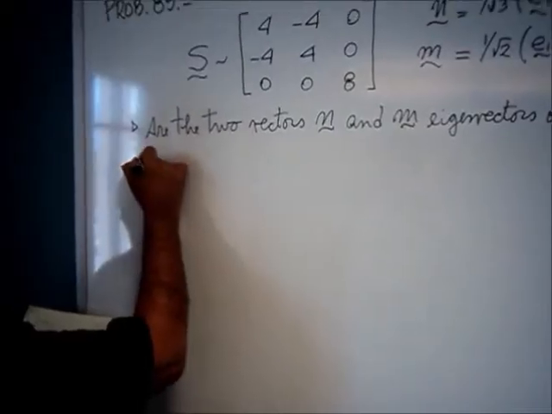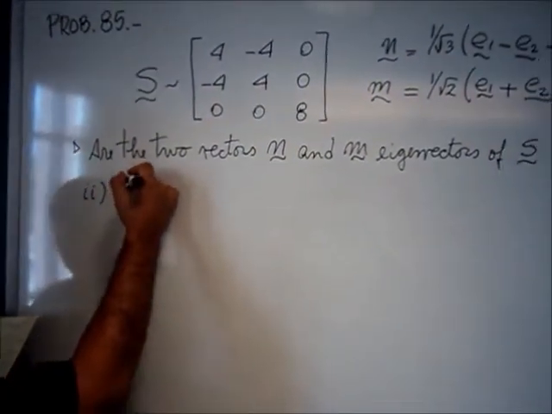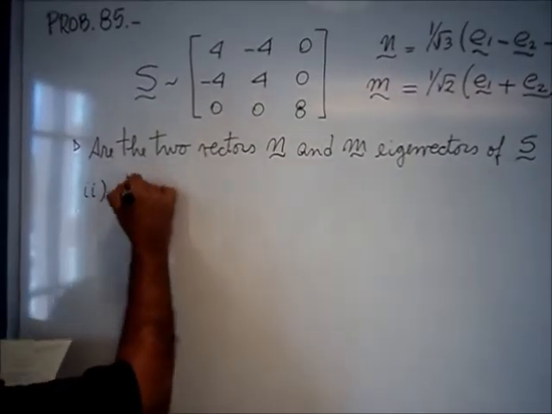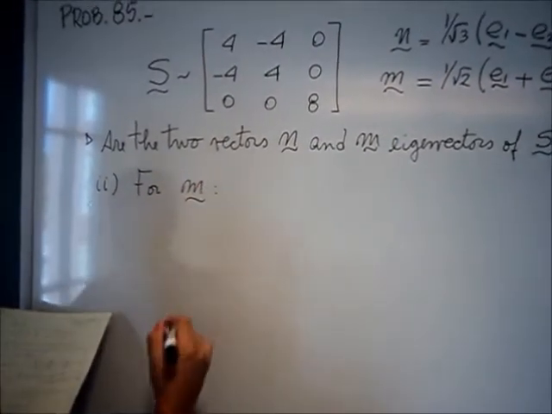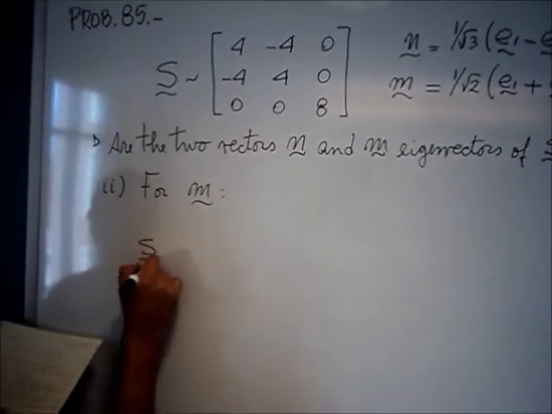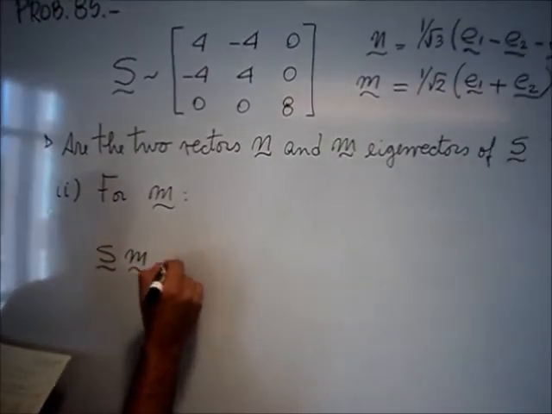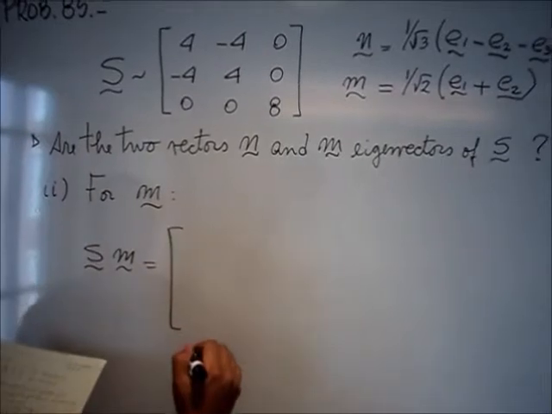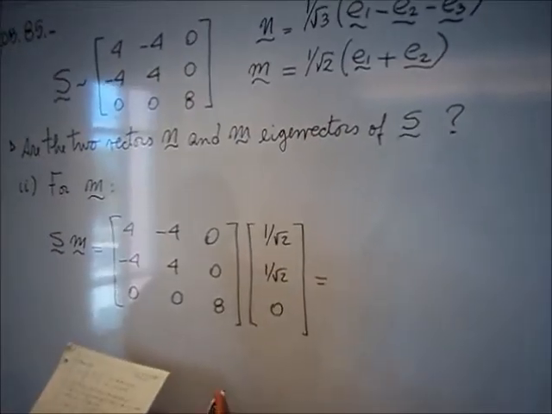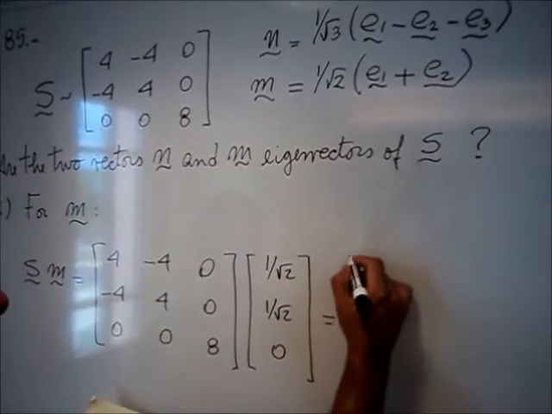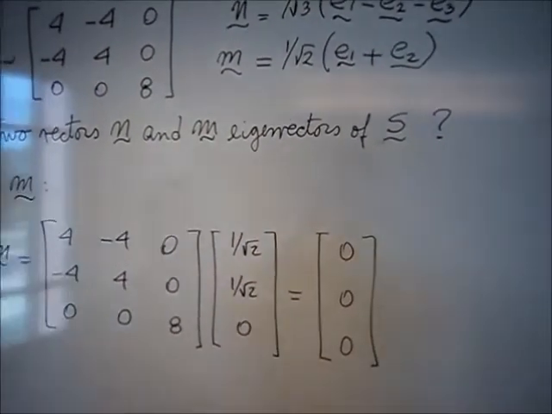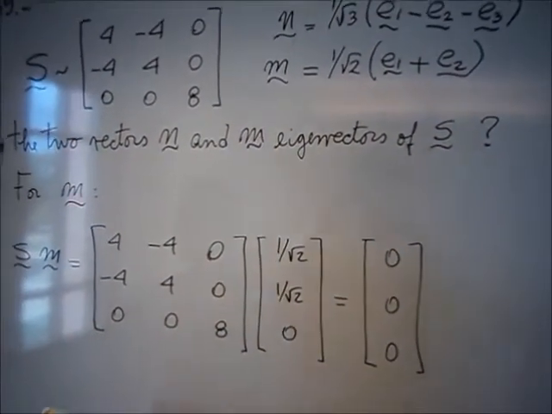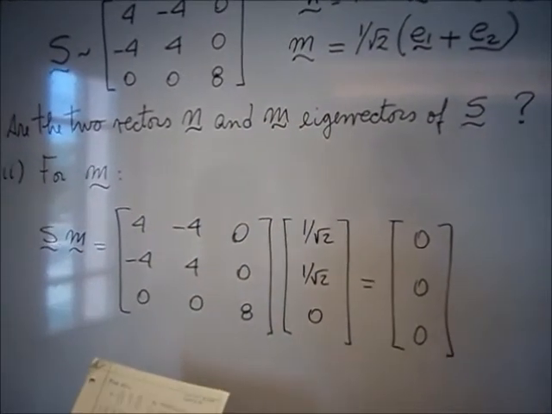Okay. Now we need to prove the same for vector m. In this case we get this vector, which is not the vector m as we expected, or it doesn't look like it.